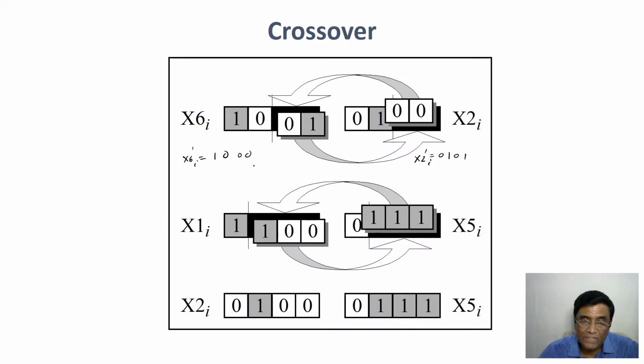One decision we took was 70% crossover probability. That means if you have 6 chromosomes, 1, 2, 3, 4, 5, 6, then 6 into 0.7 is 4.2, that means equal to 4. So 4 chromosomes we have allowed to mate and create fresh offspring, and 2 others we have kept as clones.